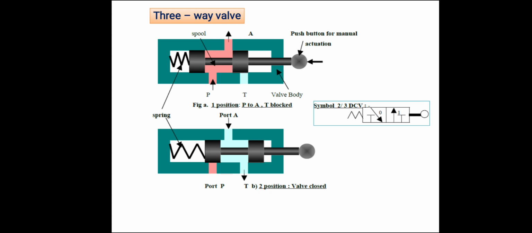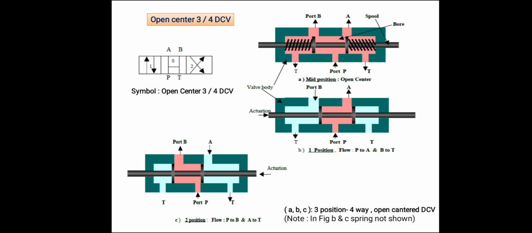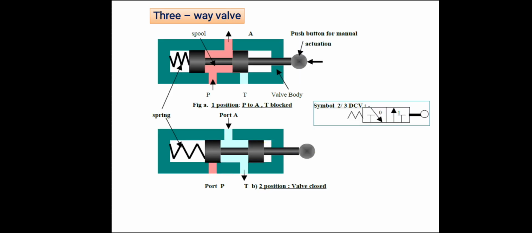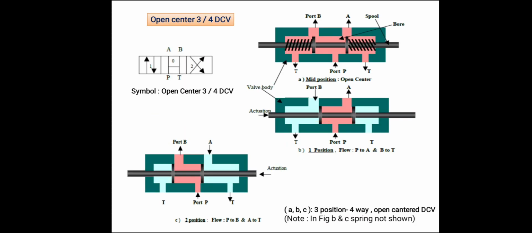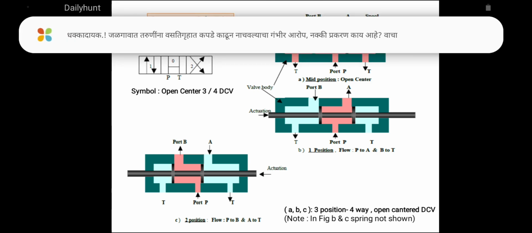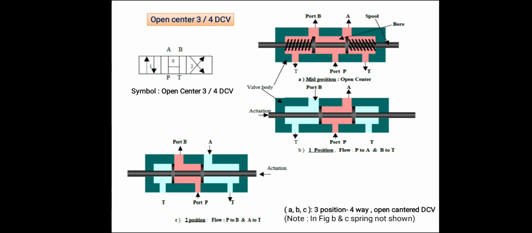Then the 4-way DCV. These valves are generally used to operate cylinders and fluid motors in both directions hydraulically.